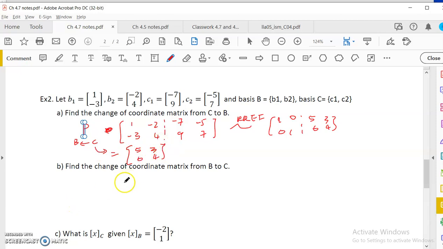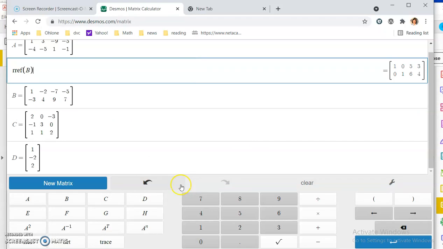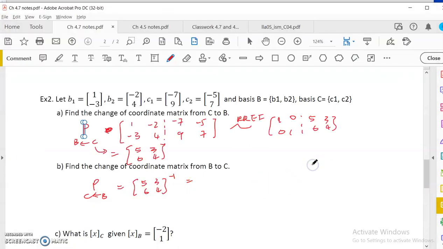Okay. What about the change of coordinate vector from B to C? If I want to do from B to C, I have two ways. I can do it in reverse, right? By writing the C in the front and the B in the back and doing RREF. But actually a faster way is to just do the inverse of 5, 6, 3, 4. They are inverses of each other, because if you want to change it back, you just do the inverse.